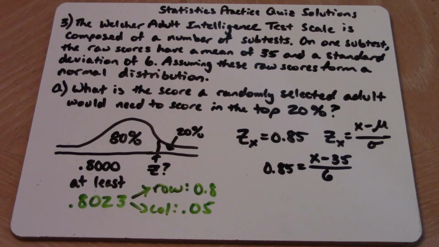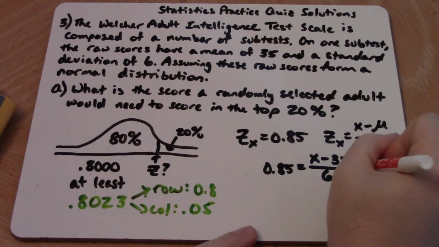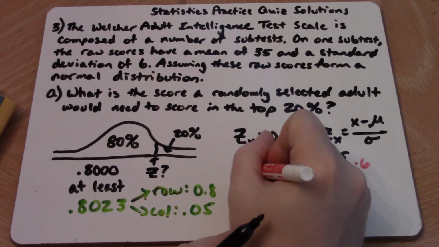So to solve that equation, we are going to multiply both sides of the equation by 6. I'm sorry, by 6, not 0.6. We multiply both sides by 6.